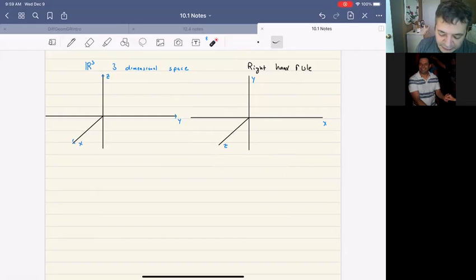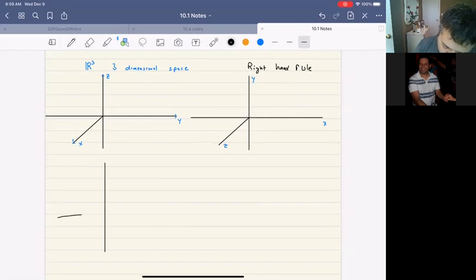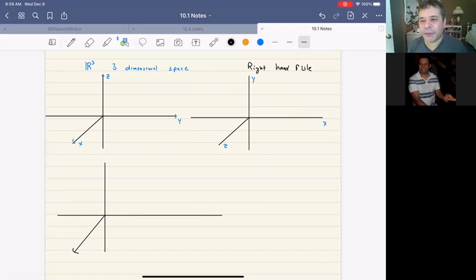Okay, so let's try one that doesn't work. Okay, so if I put, or let's see another one. This one, let's see, if I put X here pointing up, I could put Y here, I guess, and Z here.